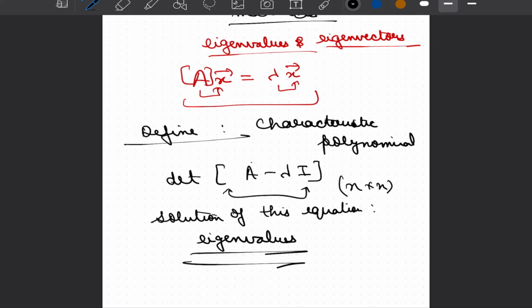So solving this equation, getting n roots, some of them would be distinct, some of them would not be, but at the end, this is the definition that gives us the eigenvalues in a given system of matrices.